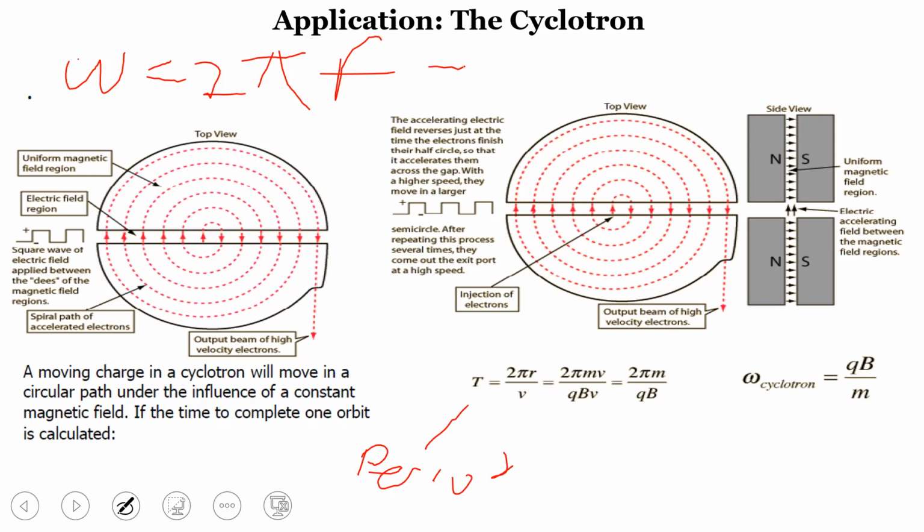So we can say omega is 2 pi over T. So when we say 2 pi over T is omega, then from this expression we can say that omega is v over r.